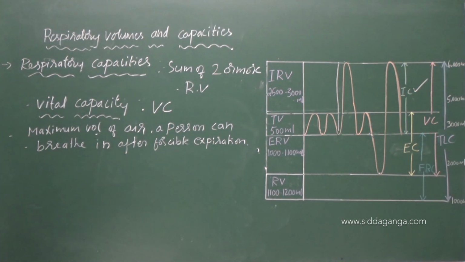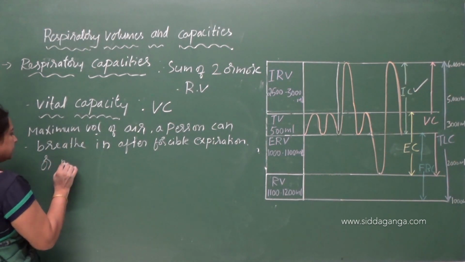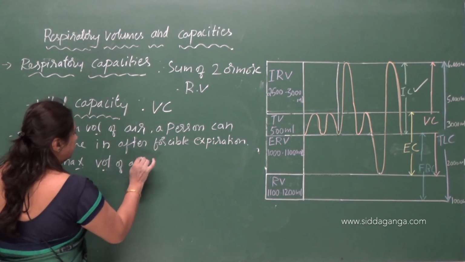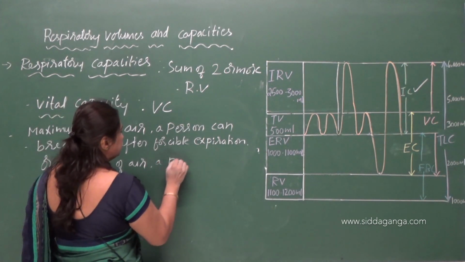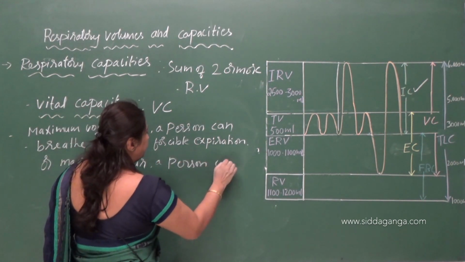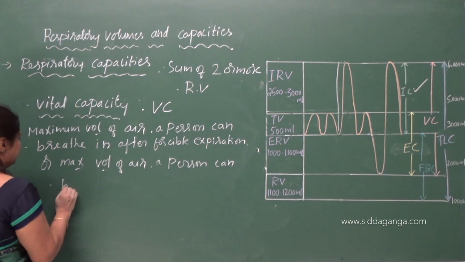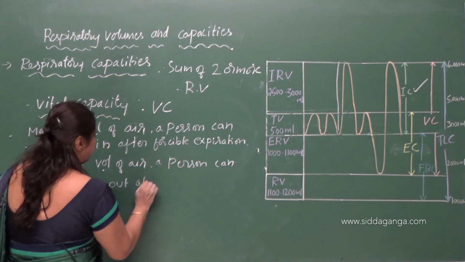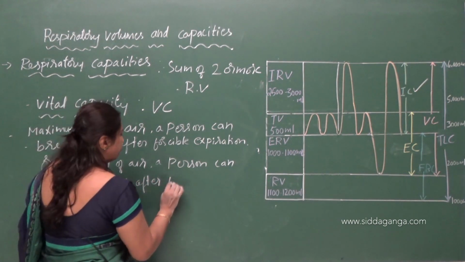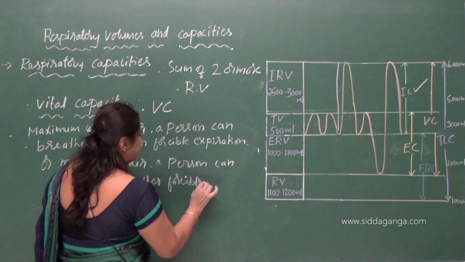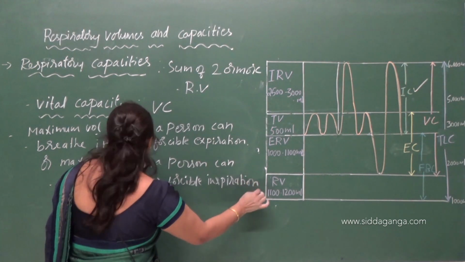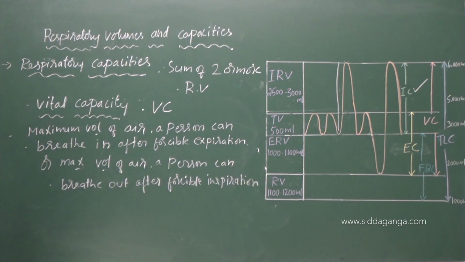or maximum volume of air a person can breathe out after forcible inspiration. So that is the vital capacity, okay. So what is vital capacity?